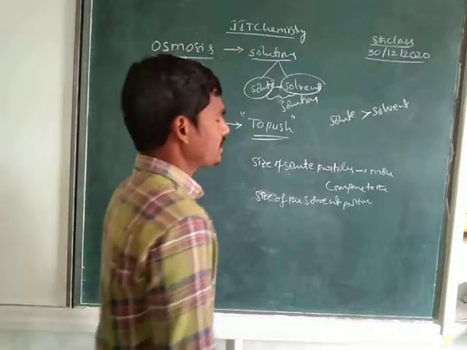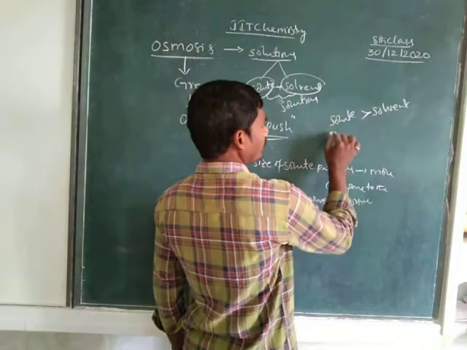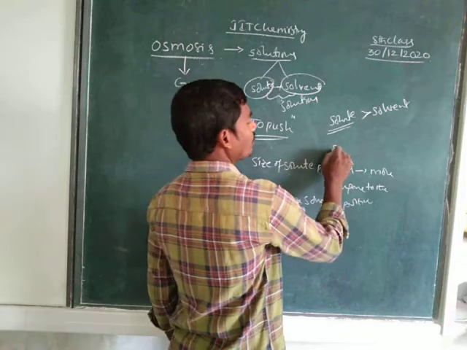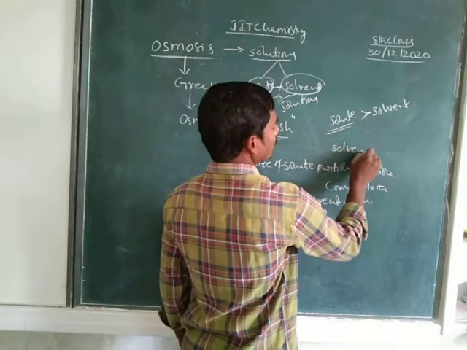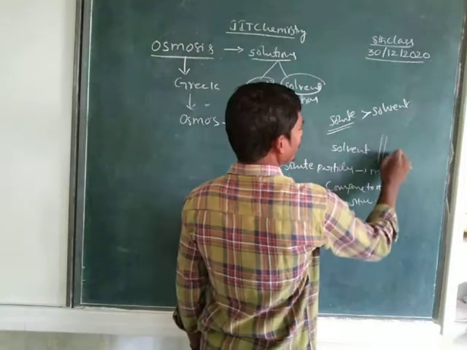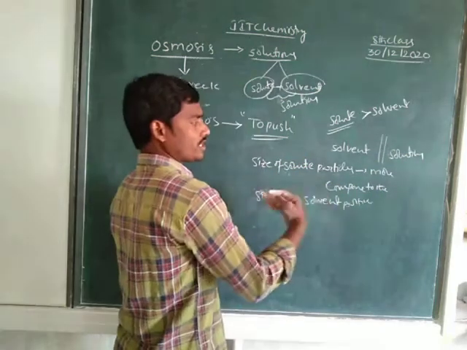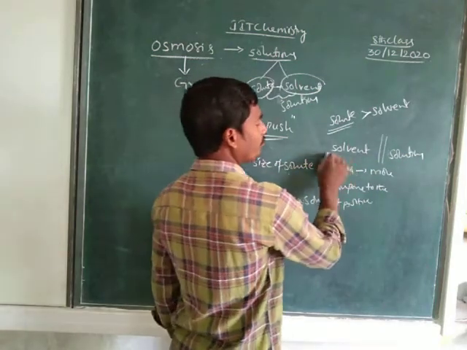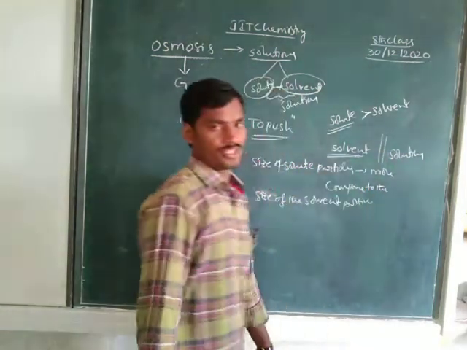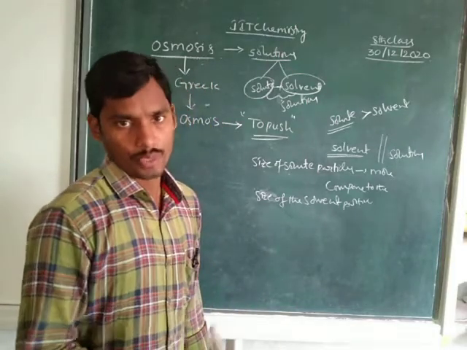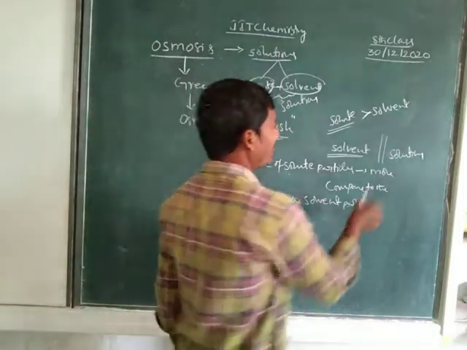See here, suppose I take the solvent in one container and the solution in another. Without touching the two containers, to mix the solvent into the solution we require a membrane.